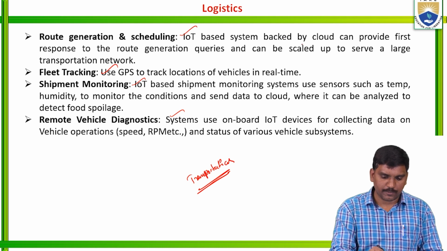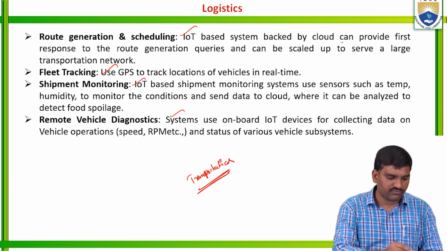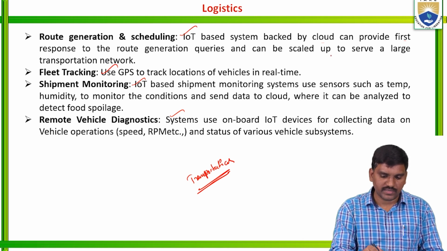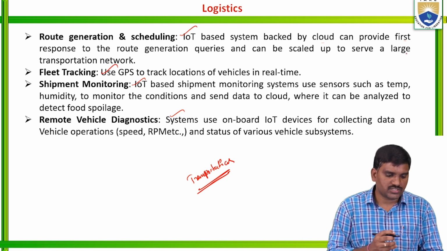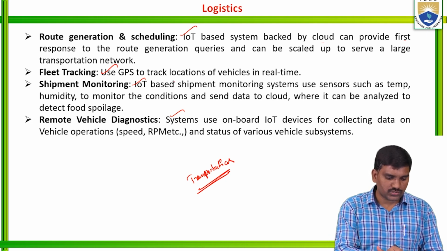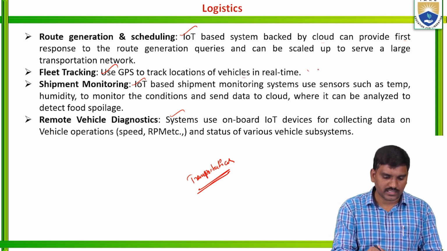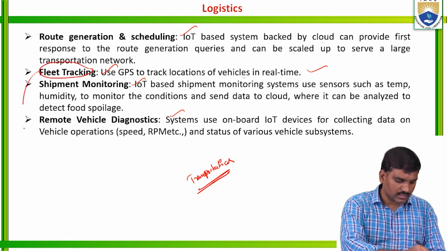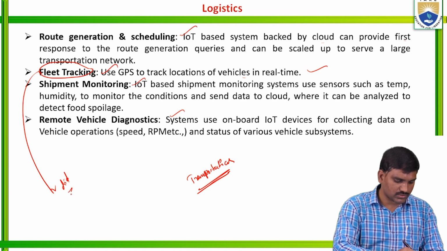IoT backed by cloud can provide fast response to route generation queries, and it can be scaled up to serve a large transportation network. It uses GPS to track locations of vehicles in real time, which is fleet tracking. Based on this, I did one project also.